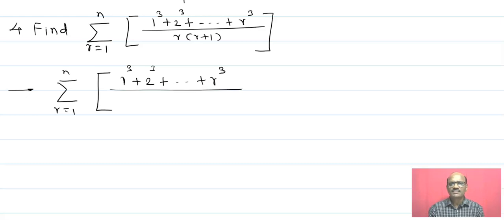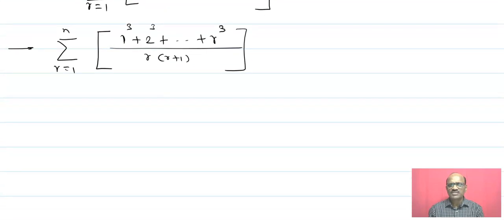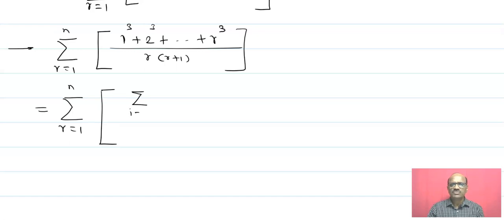Now we'll write that r raised to 3 upon r into r plus 1. Now again we'll find out the summation r is equals to 1 to n, summation i is equals to 1 to r of i cube upon r into r plus 1.